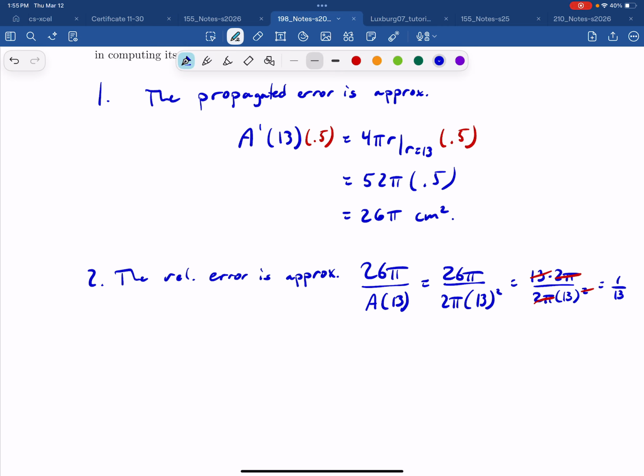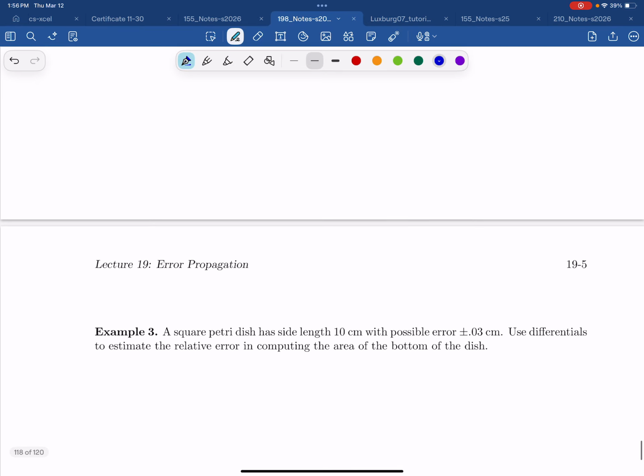And so the percent error is approximately 100 over 13%. Which is not the nicest number. 13 goes into 100 almost 8 times, like 7-ish times. You can work that out with a calculator, okay? But that's how you do that.